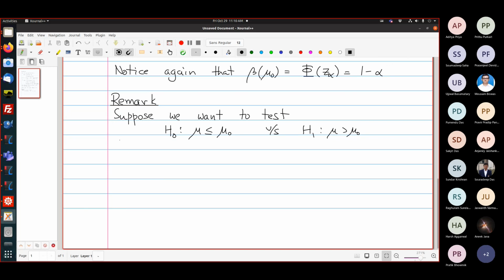It turns out that the same test continues to work at significance level alpha.